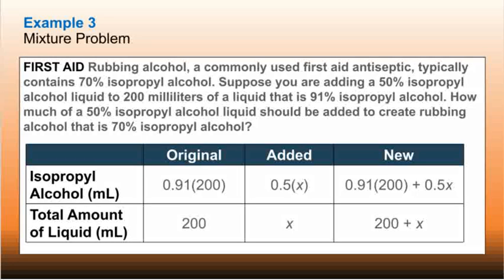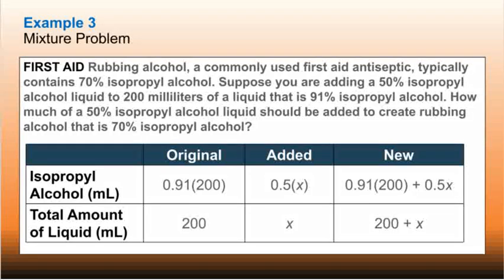So the original, you have 0.91, so we write the percent as a decimal. And there's 200 milliliters of the original one. They're going to add 50% or 0.5 of another liquid. We don't know how many milliliters there are, so we're going to put an x there.